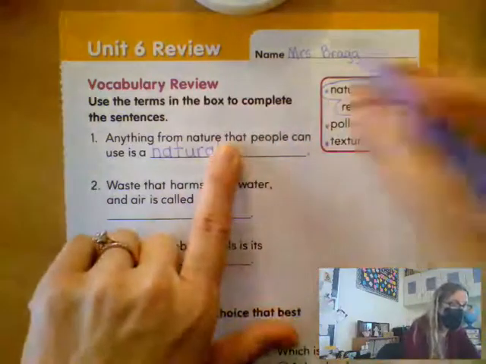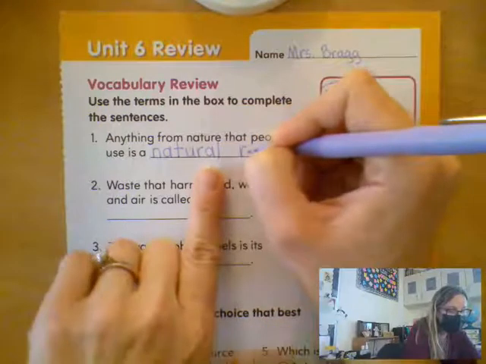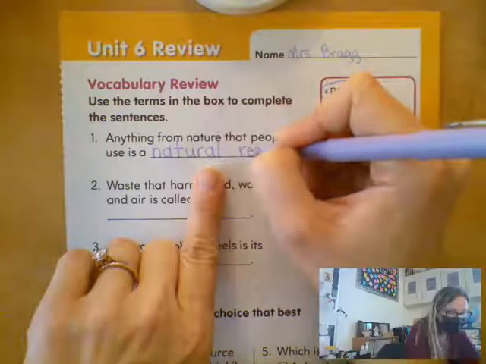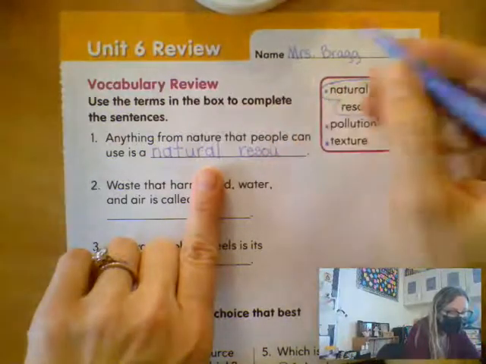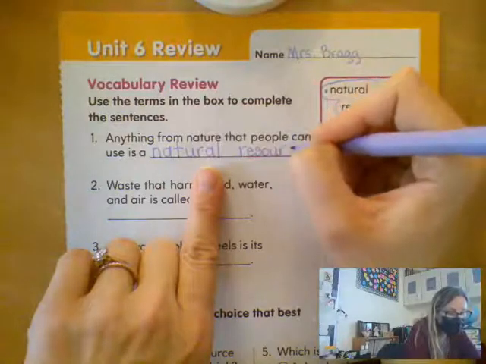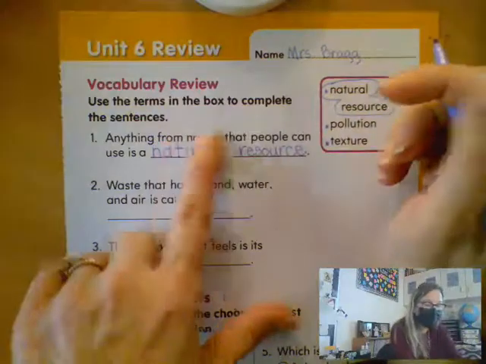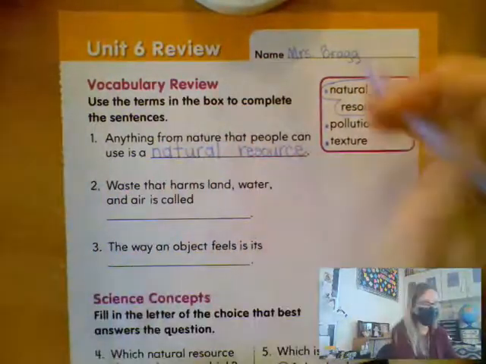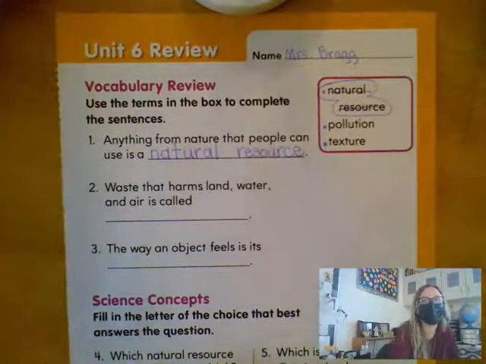And the second word is resource. R-E-S-O-U-R-C-E. Anything from nature that people can use is a natural resource. And then we can cross off natural resource because we won't use it twice.